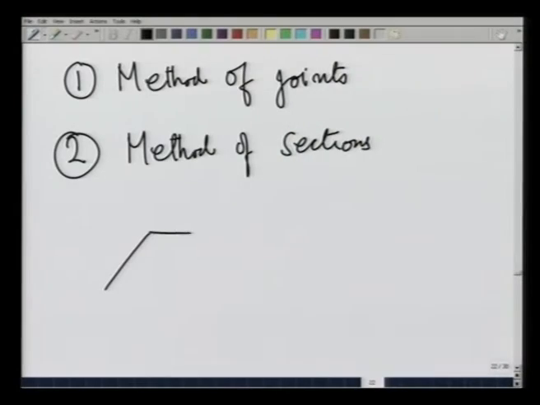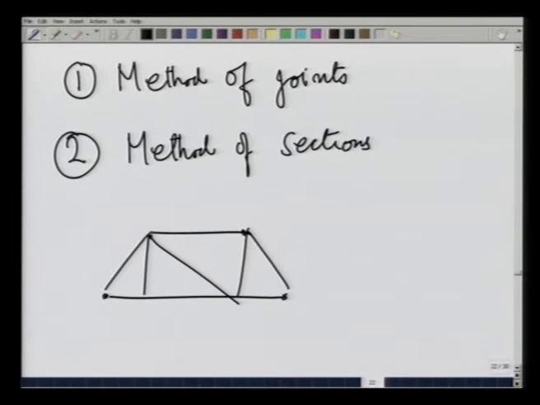So, if I have a truss like this, and it is loaded here, then we start with a point where the load is and see how that point is in equilibrium. That gives us the forces in the various members that are connected with that point in terms of the applied load.